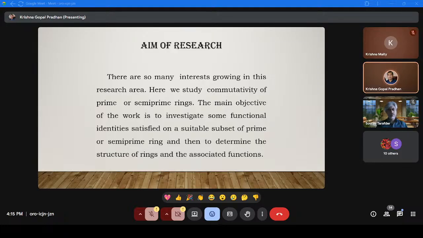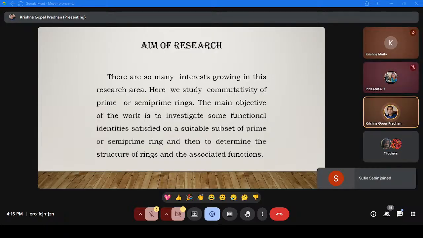The main objective of the work is to investigate some functional identities satisfied on a suitable subset of prime or semi-prime ring, and then to determine the structure of the rings or the associated function. Sometimes we get the function in a simple linear form, or the base ring becomes commutative if it satisfies certain types of identities.